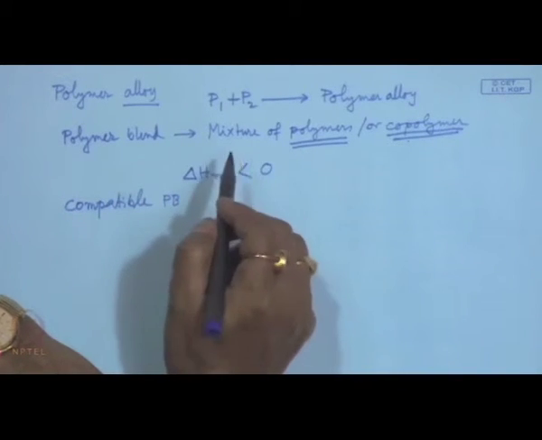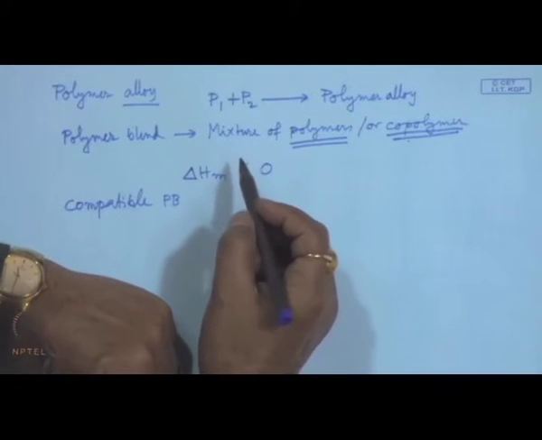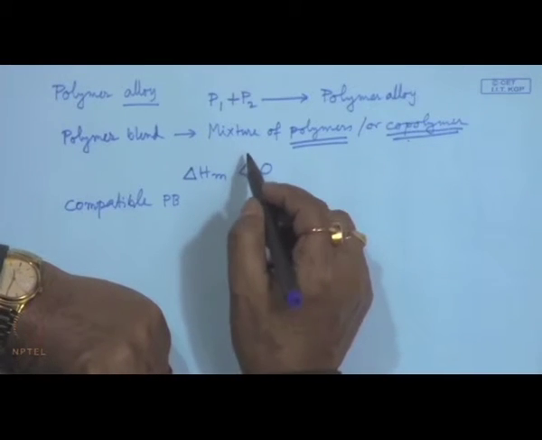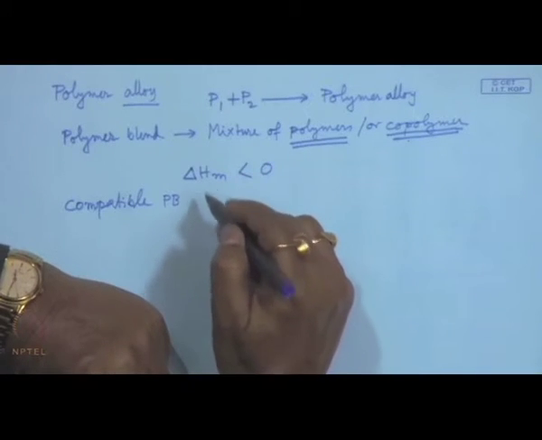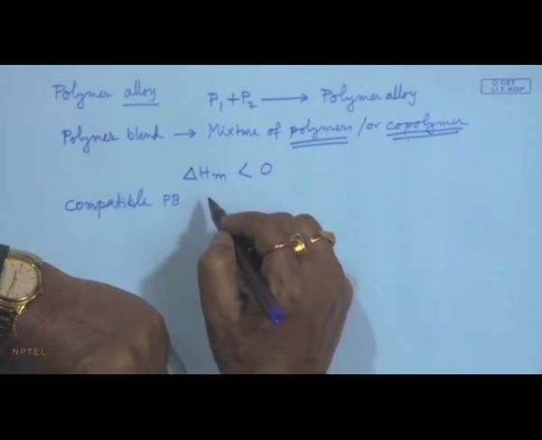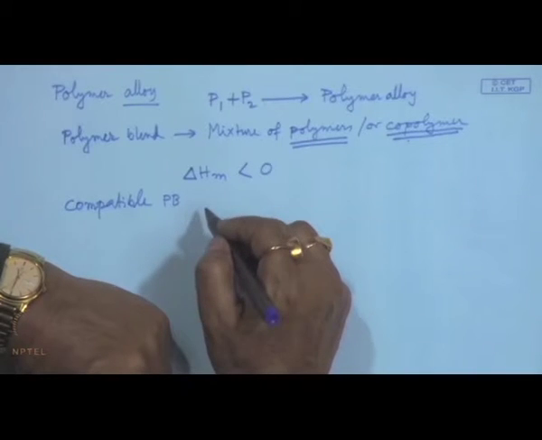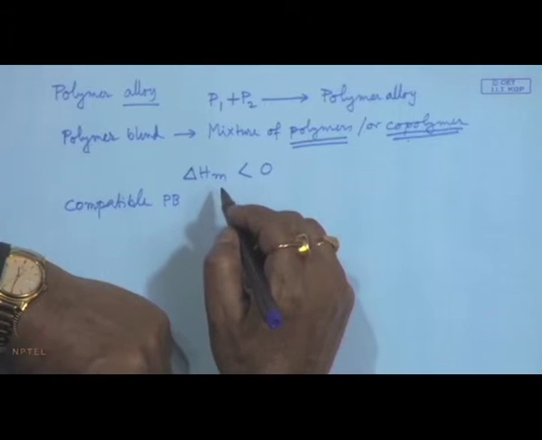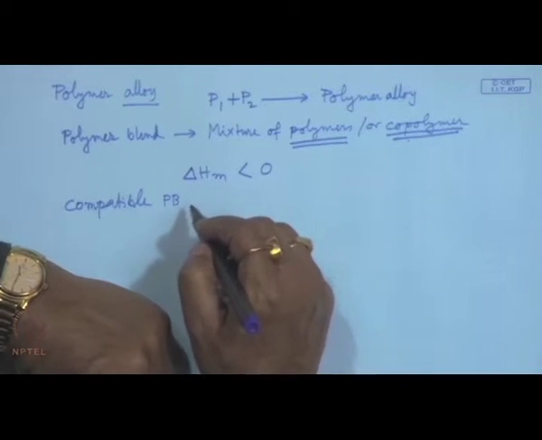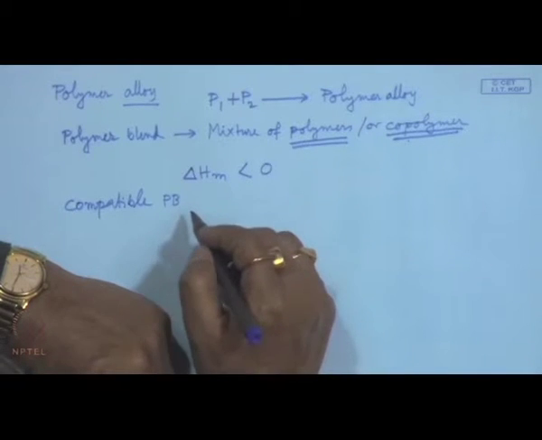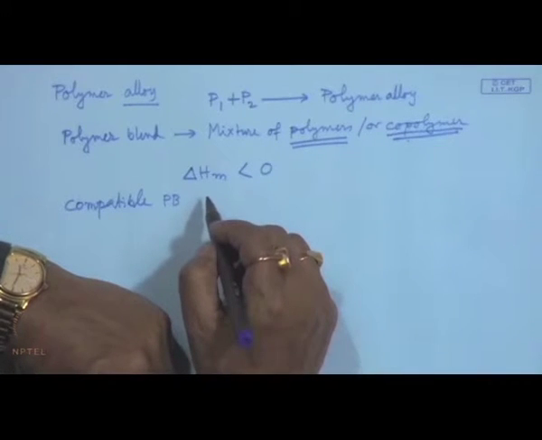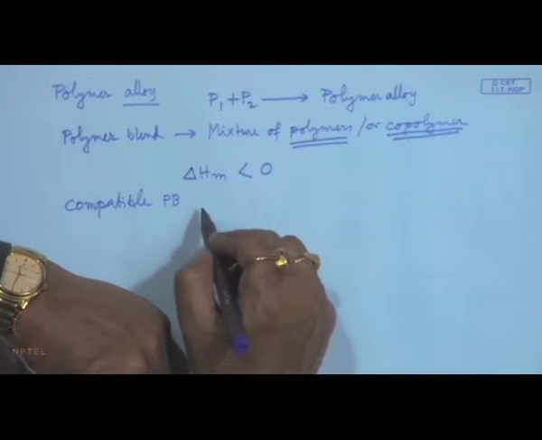When the two polymer components mix, we get a polymer blend. There is the question of the miscibility or compatibility of these two components: phase mixing of the two component polymers, or interfacial adhesion of one polymer molecule with the other polymer molecule, that is known as compatibility.